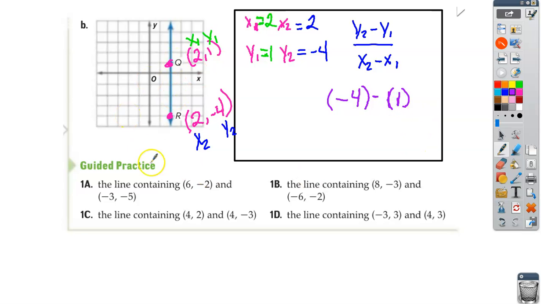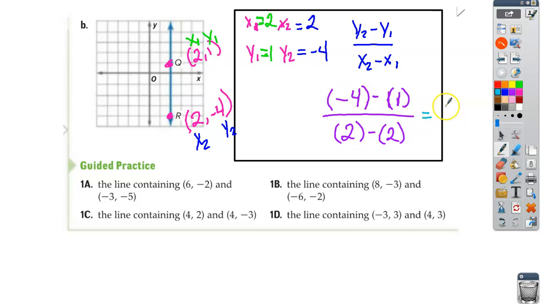Sorry, my pen is freaking out. Over x2, which is 2, minus x1, which is 2. Make that look a little neater. There we go.